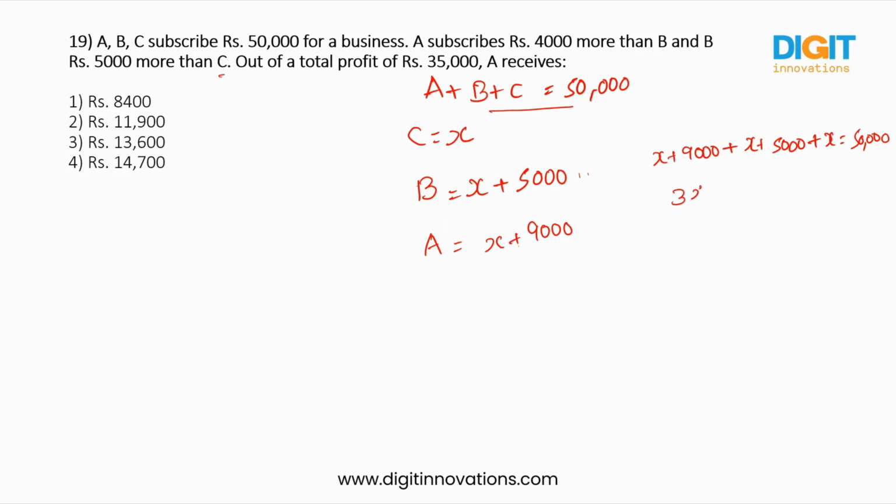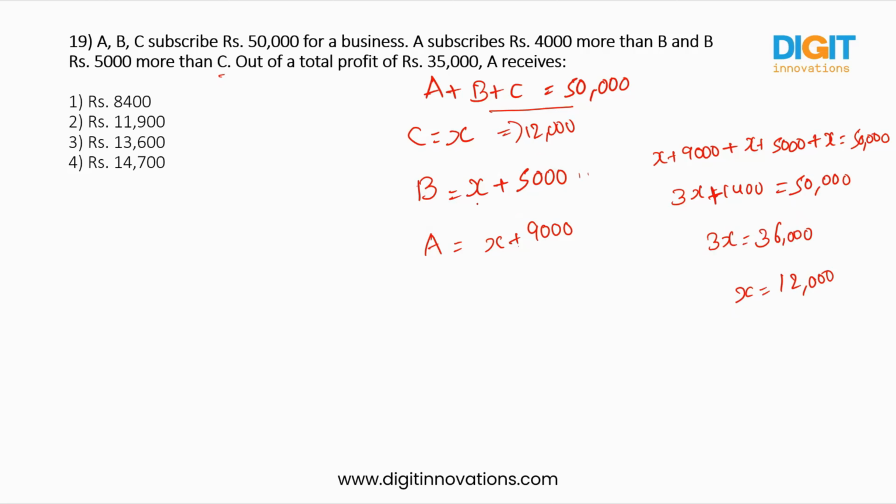So 3x equal to 50,000 minus 14,000, which is 36,000. So x equals 12,000. So C's value is 12,000.